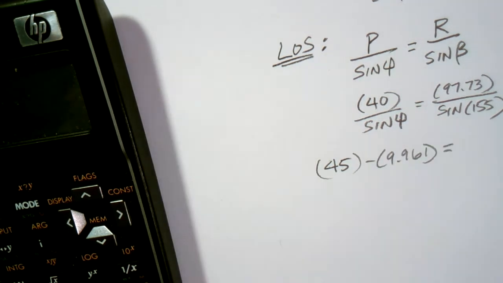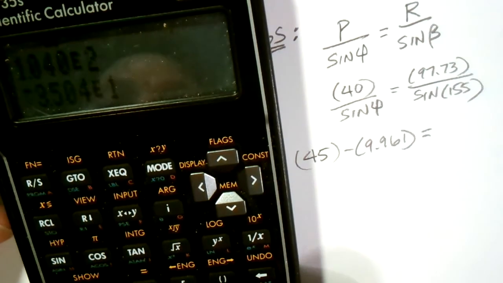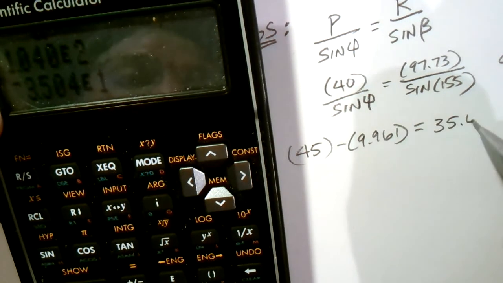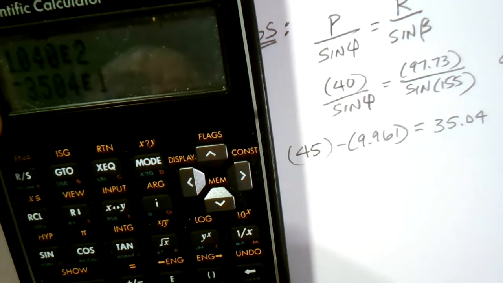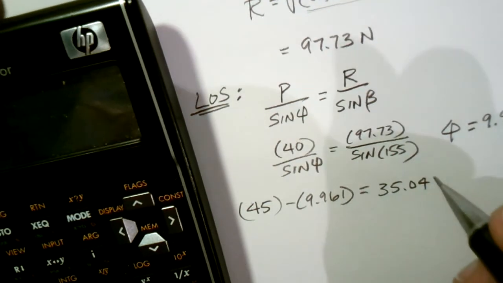And so for my angle, I actually need to take 45 minus 9.961. So up here, what I usually do is I go 45 and I go minus, and I know it's going to be negative there, but I end up with 35.04. I could also have done the swap thing to get them around, but I decided to do this. So that's going to be the actual angle.